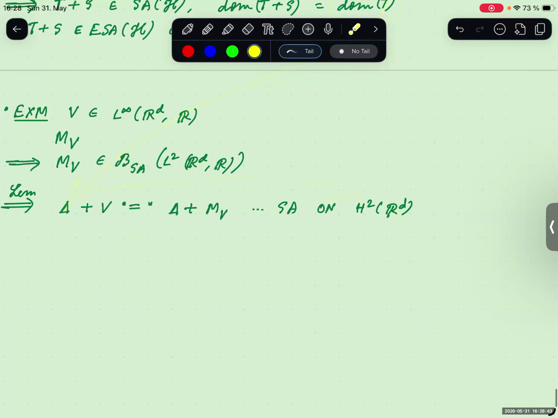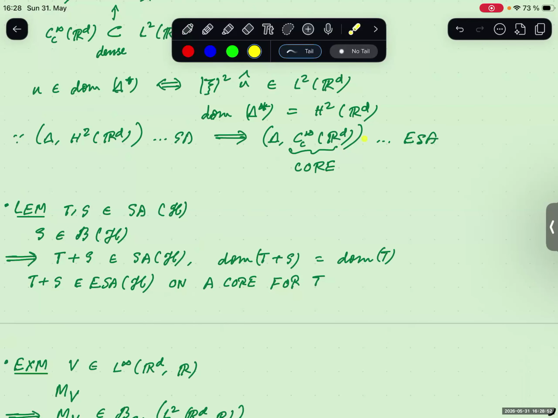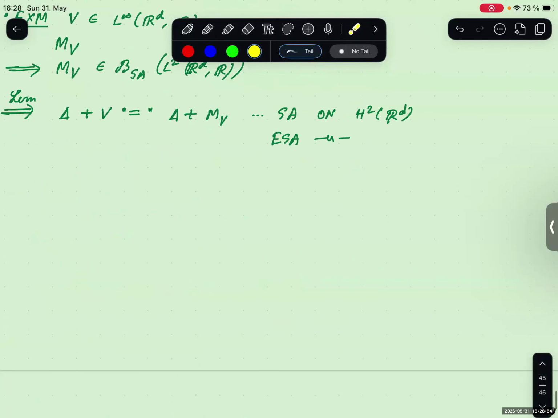Okay, and what about essential self-adjointness? This is essentially self-adjoint. Why? The Laplacian is essentially self-adjoint, and its core is the compactly supported functions D. So you see, once you know about the Laplacian and something about the potential, then you don't need to work for their sum or the Schrödinger operator.